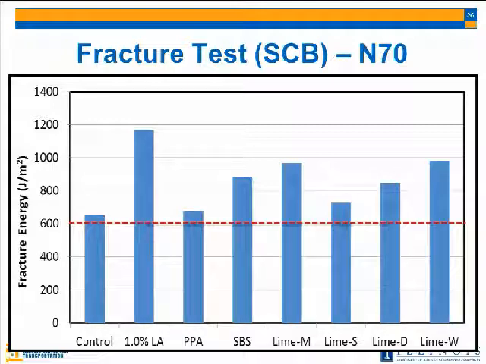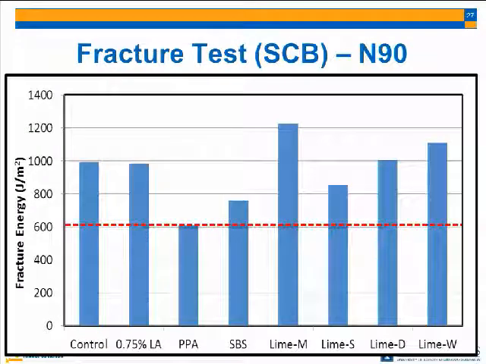The highest fracture energy was provided by liquid anti-strip, followed by the lime marination and lime wet, and then the SPS. But the PPA and lime slurry and dry did not improve the fracture energy that much. And the test was at -12 C.